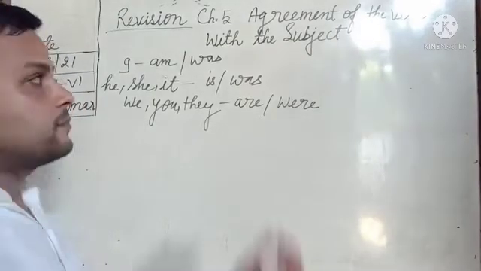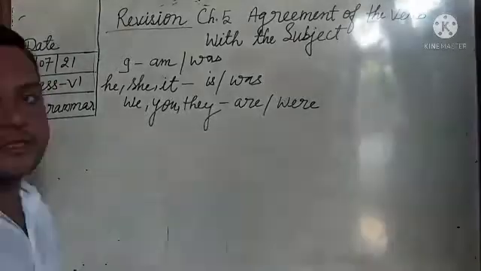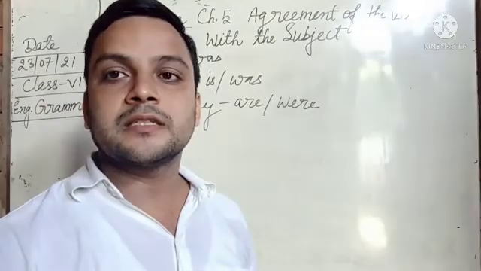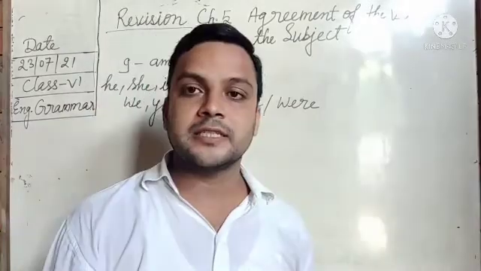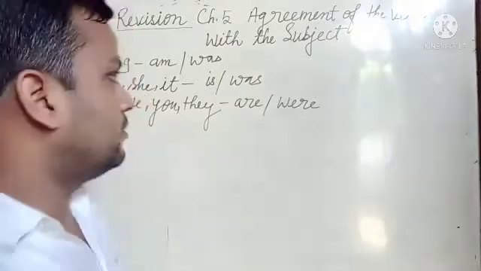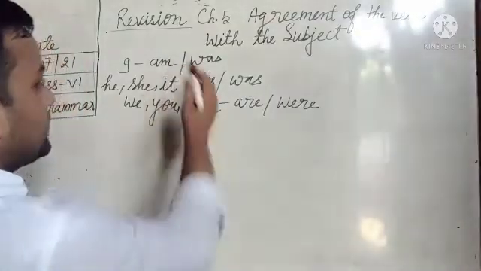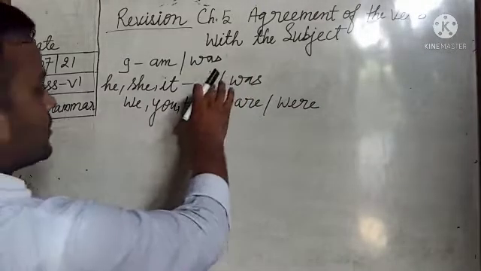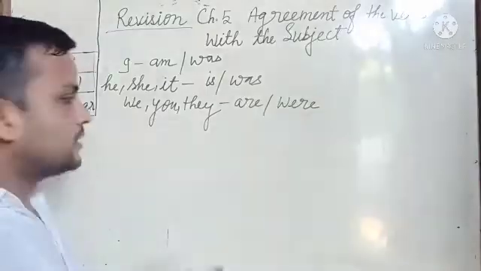Students, now see chapter number 5, agreement of the verb with the subject. It means, students, the singular subjects agree with the singular verbs and the plural subjects agree with the plural verbs. So with I we use am in present, was in past. With he, she, it we use is in present and was in past.